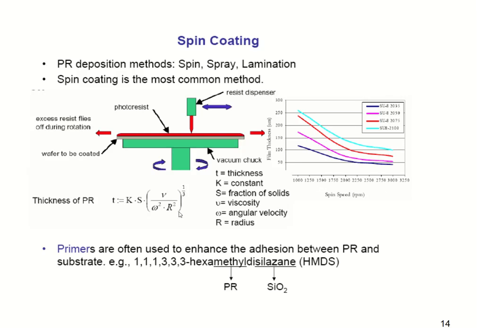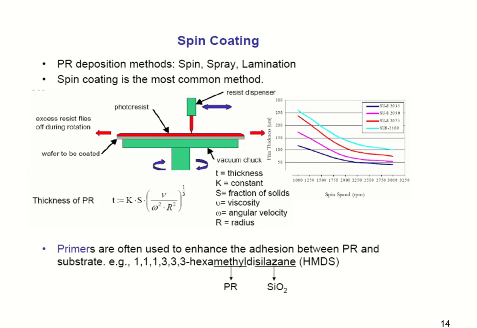So there are some equations available depending on viscosity and so on, but I'm not going to go over them in detail. This plot is really good for determining your spinning speed. Primer is sometimes used to enhance the adhesion between the photoresist and the substrate.